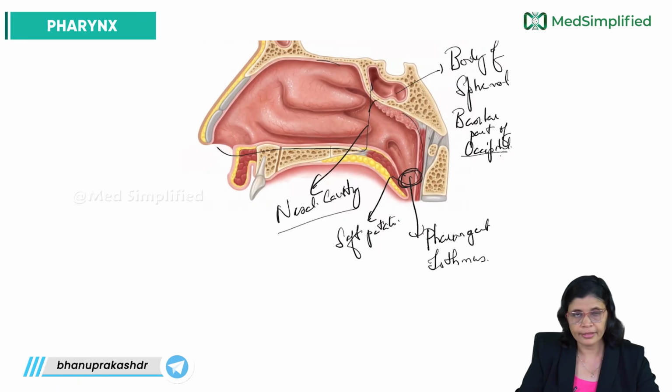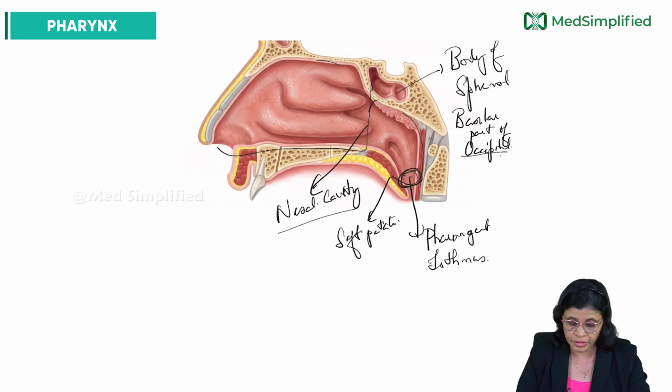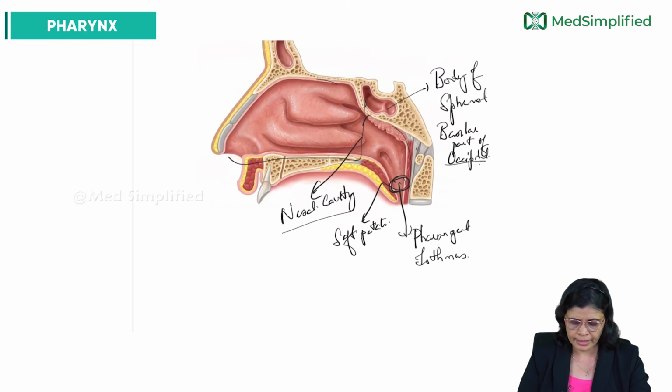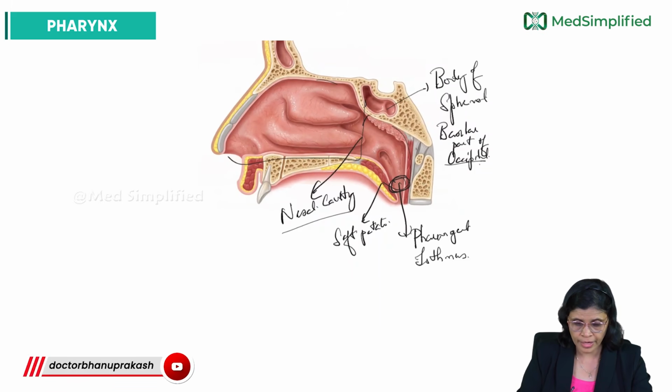Laterally, we will have the styloid process and the styloid group of muscles. These are mainly forming the boundaries, and we will also see some important features. Posteriorly, we will also have the C1 vertebra.